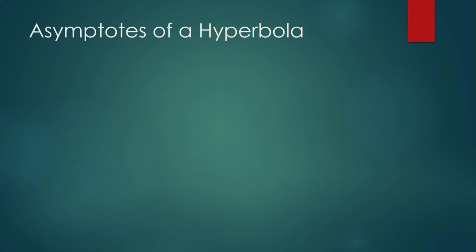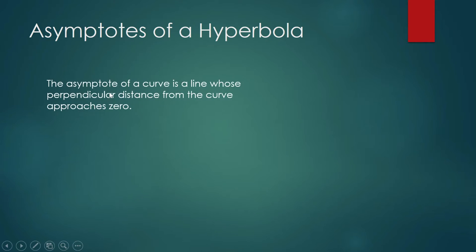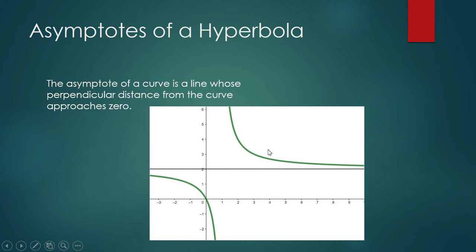So what is an asymptote? The asymptote of a curve is a line whose perpendicular distance from the curve approaches zero. This is the graph of the function 2x over x minus 1. As x approaches infinity, your curve approaches this line, in which case the perpendicular distance between the curve and the line approaches zero.